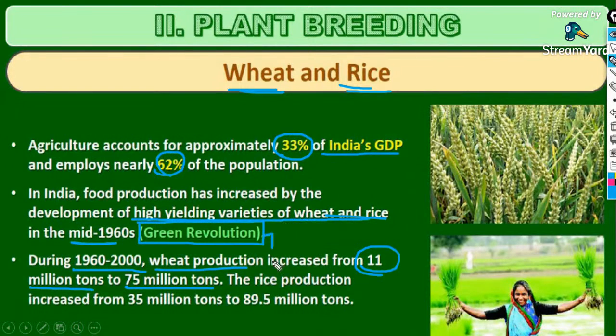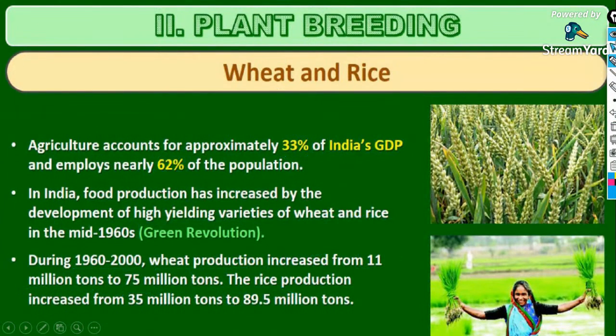So you can imagine what an impact the Green Revolution made on the farmers and on the authorities, and rice production increased from 35 million tons to 89.5 million tons.